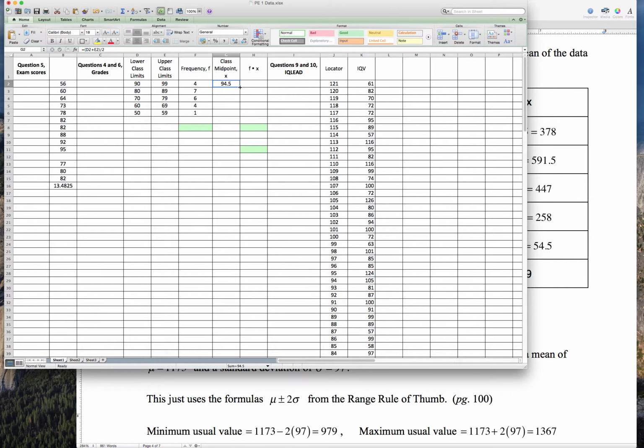But when I hover over that, you'll see that the white plus turns into the solid black plus. Click then and drag down through all 5 cells, and that auto completes the remaining 4 cells, so you have the class midpoint for each of these classes.